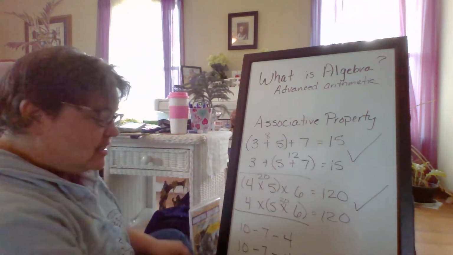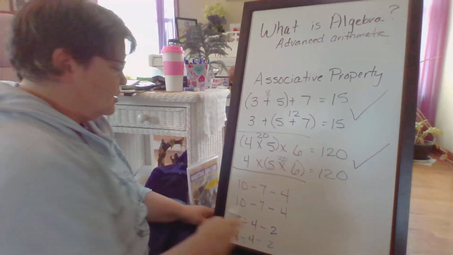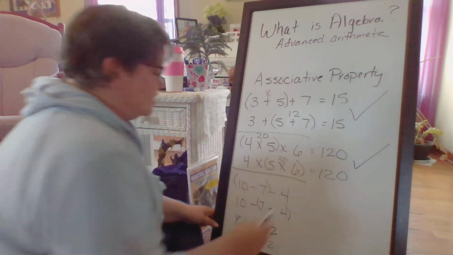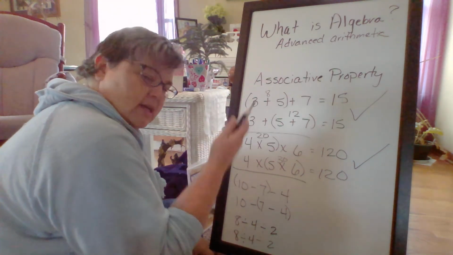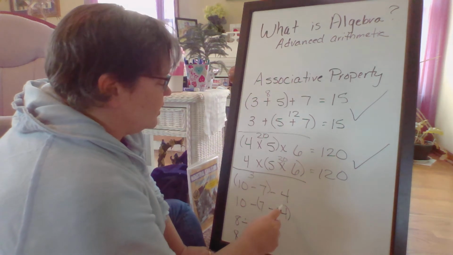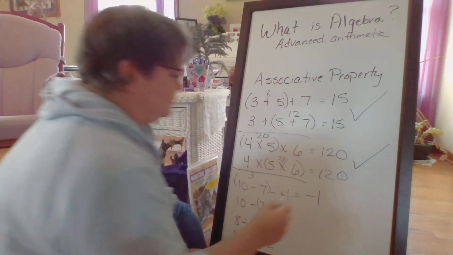Yes. Let's look at subtraction. Alrighty, we're going to associate. So the first thing I'm going to do is 10 minus 7. 7, 8, 9, 10, that's 3, okay? 3 minus 4, or 3 plus a negative 4, that's going to give you a negative 1.